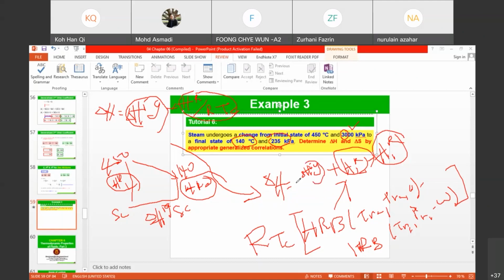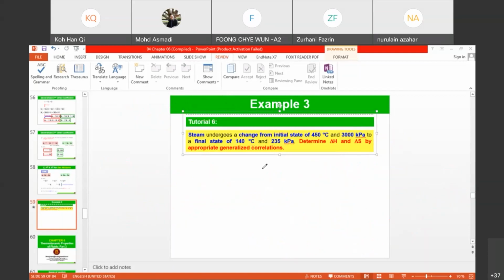How about HIG? HIG from this temperature, because the temperature is 450, and then this one is 140. What you have to do is refer to the steam table to calculate delta HIG.